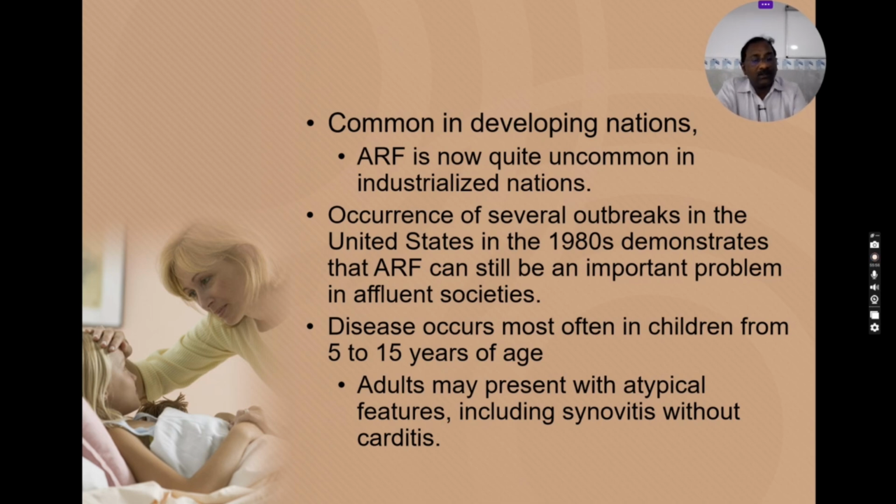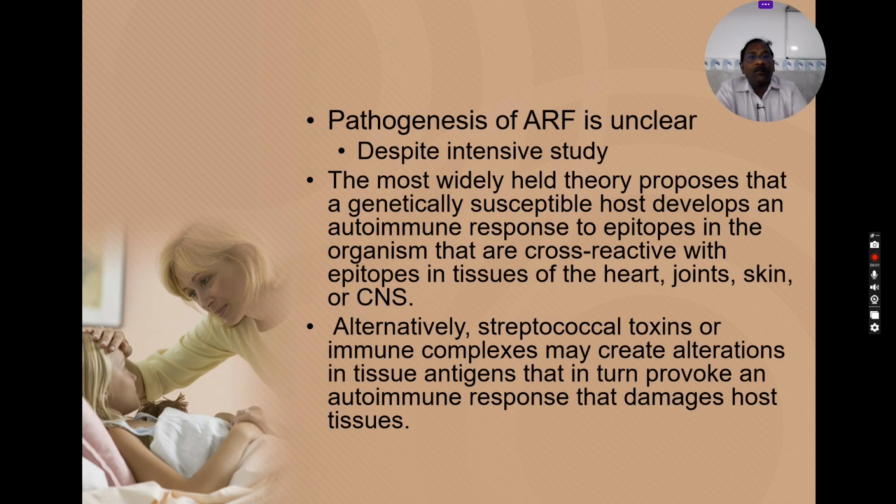So you know the Jones criteria, major and minor, etc. Pathogenesis is unclear despite a lot of studies. The most widely held theory proposes that a genetically susceptible host, those people who are genetically susceptible, develops an autoimmune response to epitopes in the organism that cross-react with epitopes in the tissues of the heart, joints, skin, or nervous system.